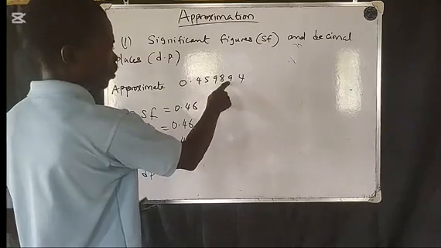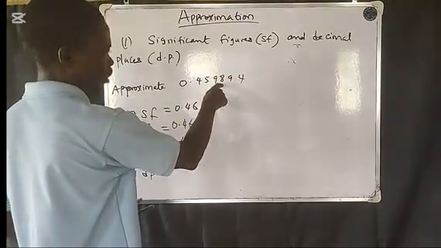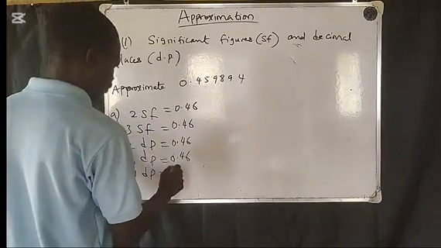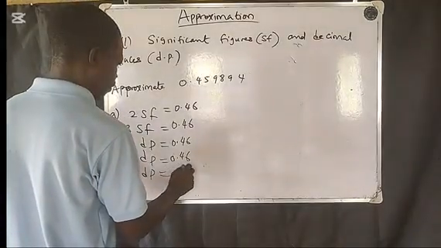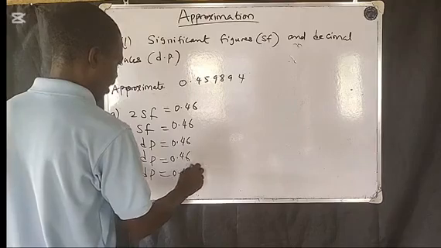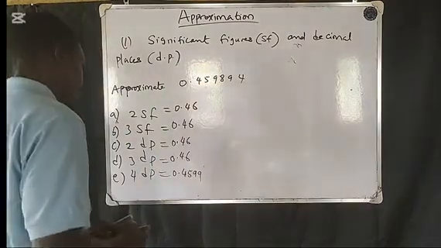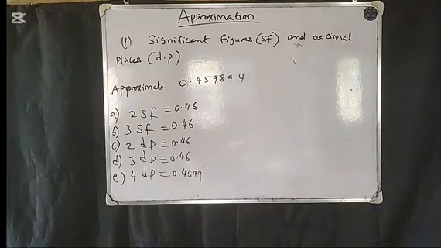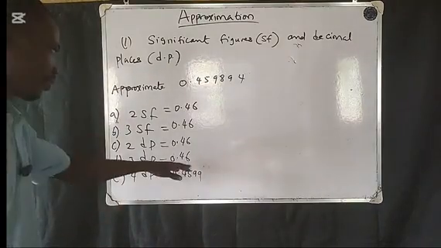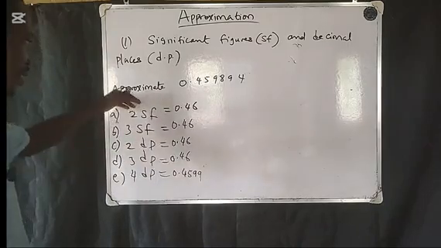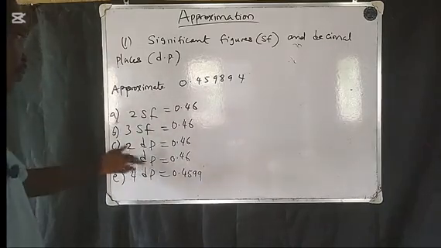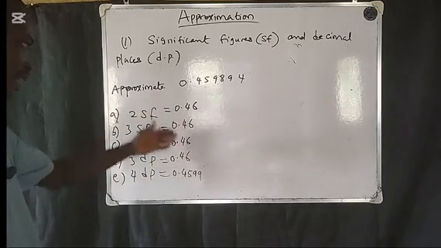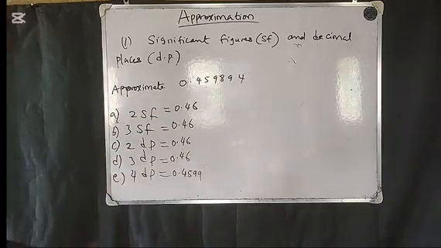So when you turn this one to 0, you add 1 here, it becomes 9. We now have 0.4599. This is 4DP. You can see the same figure approximated in different ways, and they are giving us the same value.